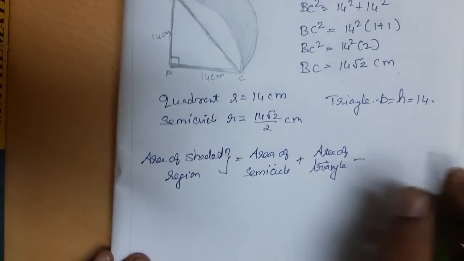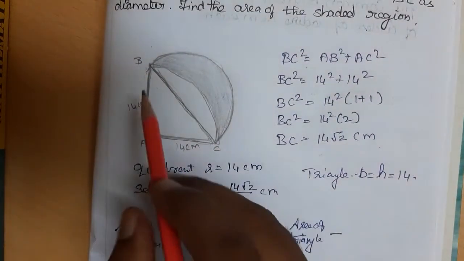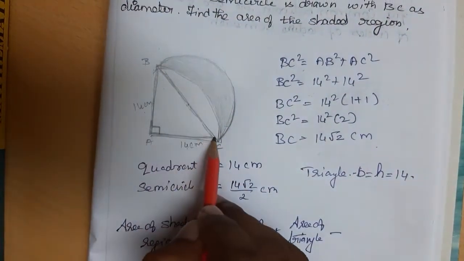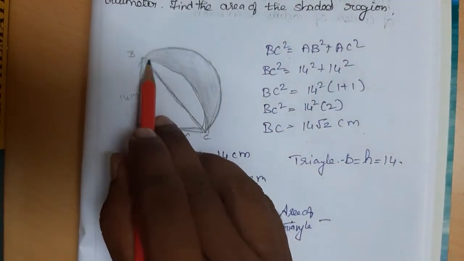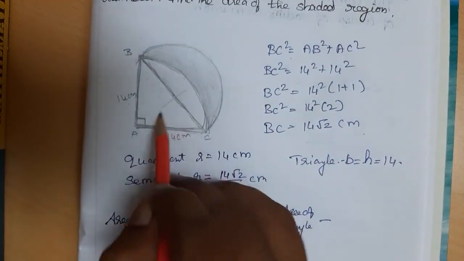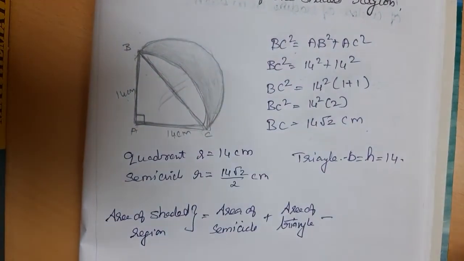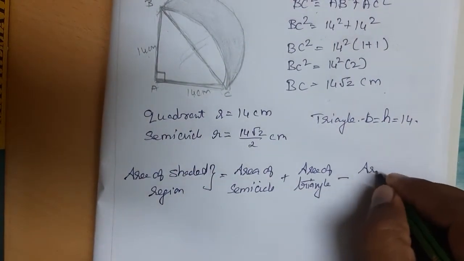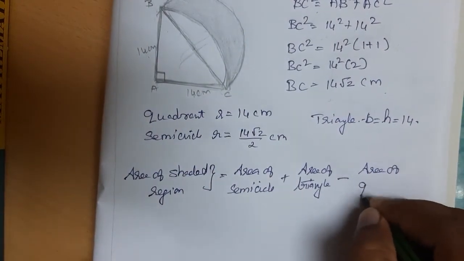With that, what are we cutting? We are cutting this quadrant. After looking at the full figure shape, we are cutting this region, so we'll get this region, right? So minus the area of the quadrant.